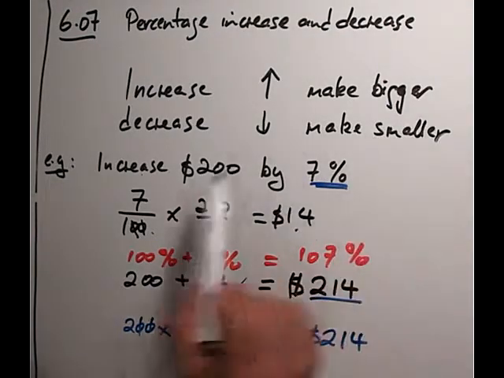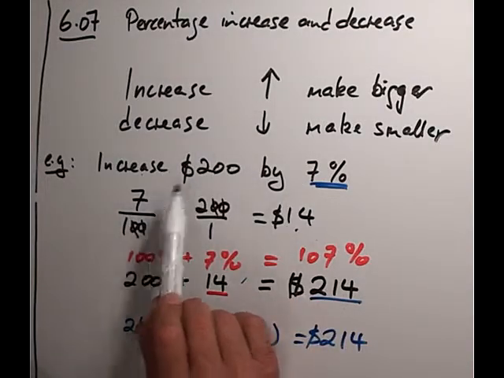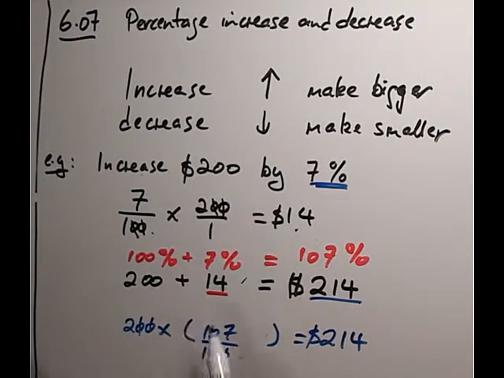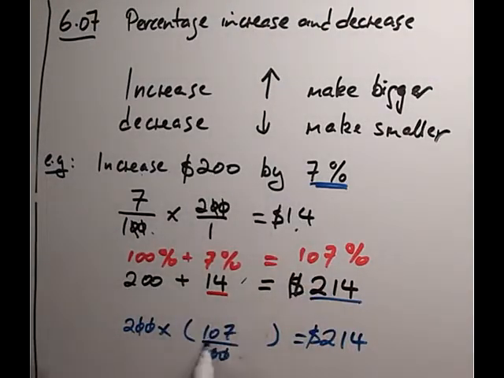The other way I can do it, I can see that I'm increasing all my money by 7%. So really I'm taking my money, I'm adding 7% to it. So I can do it all in one line. I can just say that 200 multiplied by my total amount of percentages, which is my 100% plus my 7%. So I take 200 times 107%, work out what that is. It shows me that I've got $214.